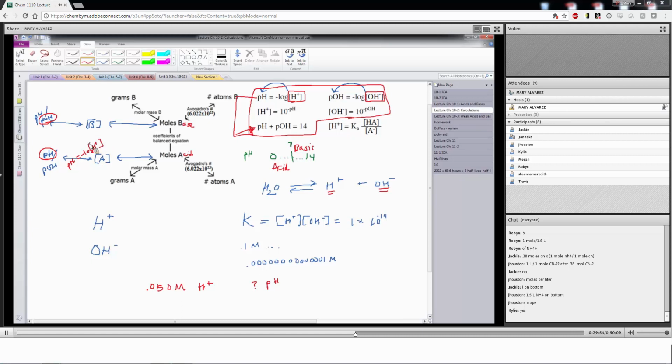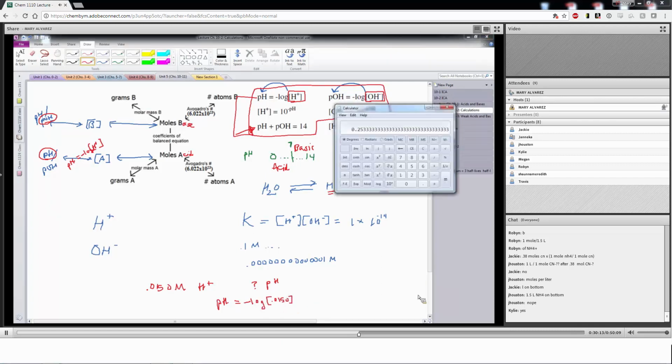And we're going to plug this into our calculators. Now, you need to practice this in your calculator because every calculator is different. It's easy enough to say, okay, here's the equation that I want to use, minus log of the H plus, which in this case is 0.0150. For some of you, your calculator will want you to hit the minus sign and then the log sign and then enter 0.0150.